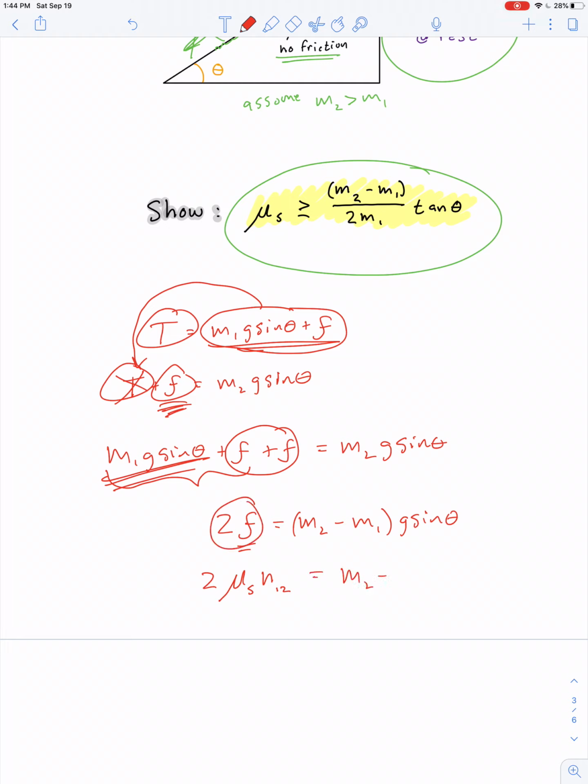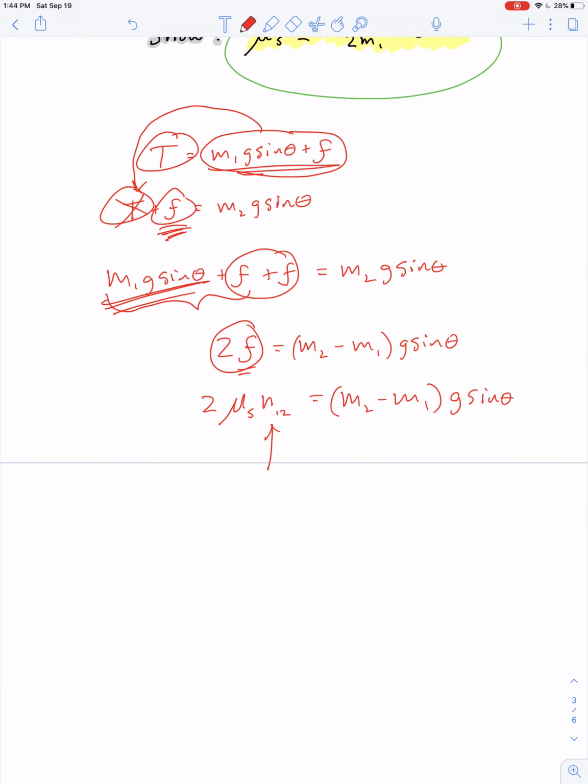That's equal to m2 minus m1 g sine theta, but we can substitute for N12 the quantity m1g cosine theta. So 2 mu static times m1g cosine theta is equal to m2 minus m1 times g sine theta.